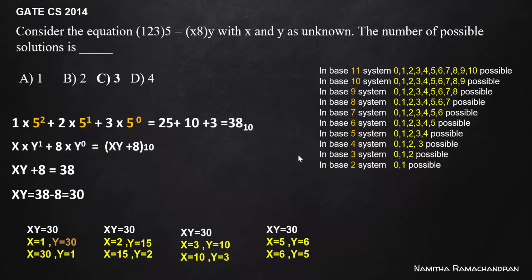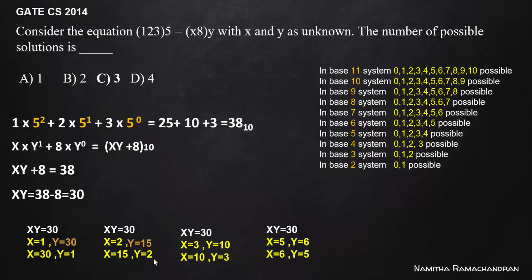We can't use 8 in base 1 system. And again here y equal to 15, which is greater than 9, so the combination x equal to 2 and y equal to 15 is a valid combination. But the second combination is not valid because y equal to 2, which is less than 9.